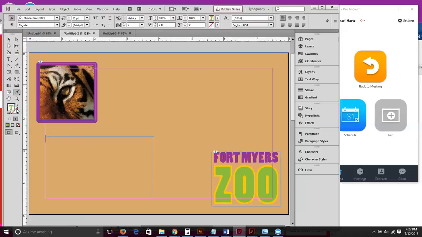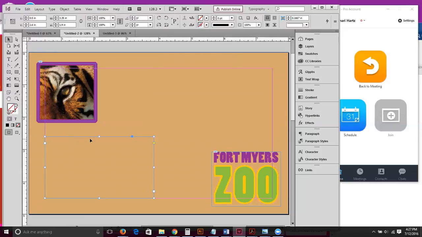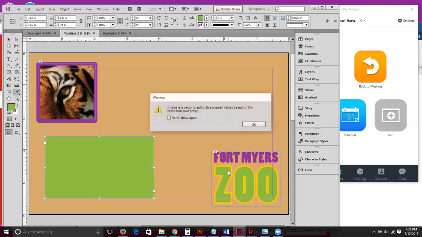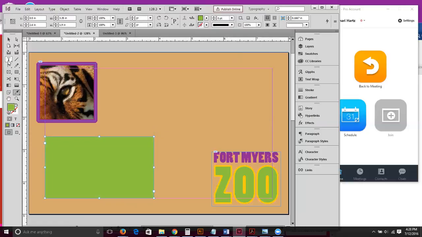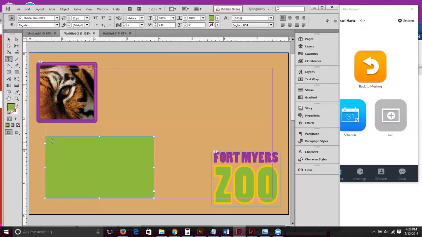Oops. Oh, I have the text selected. Hold on, I have to have the box selected. So you can color the box, the actual box that the text is inside of. So it's different from coloring the text. There we go. Then we can place our text inside of it. Let's go grab some text.